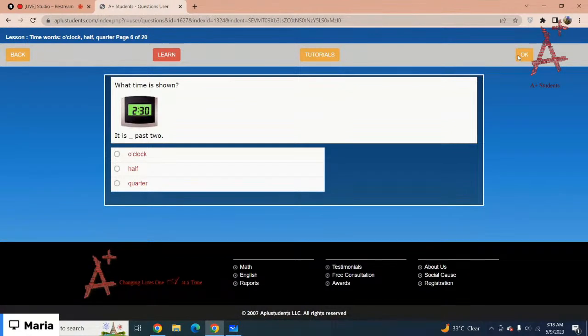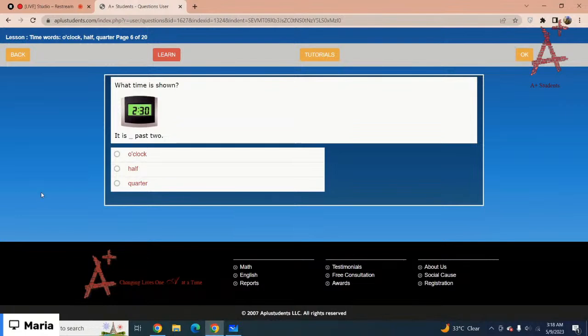What time is shown? It is half past. 30 minutes means it is half past 2.